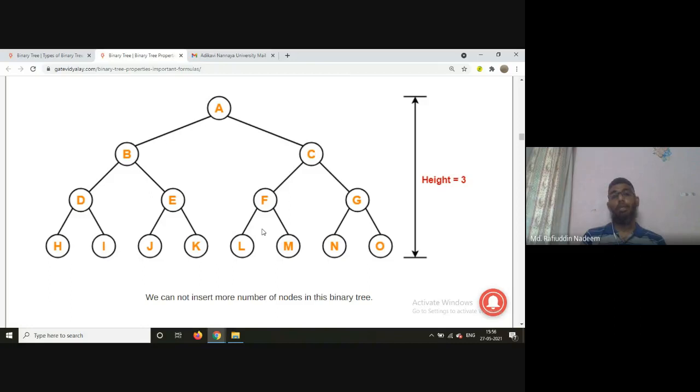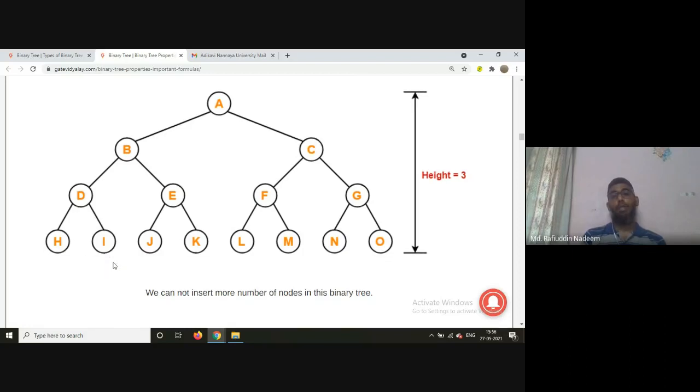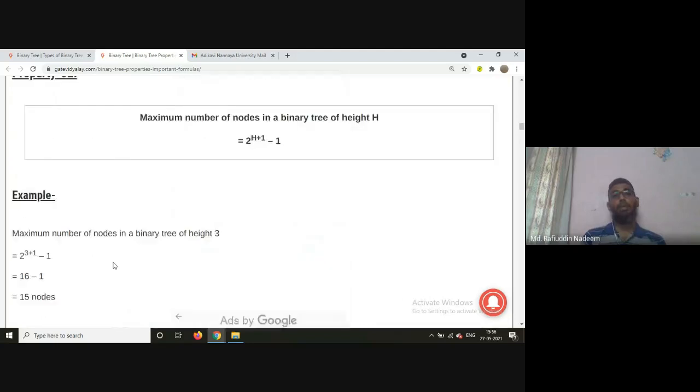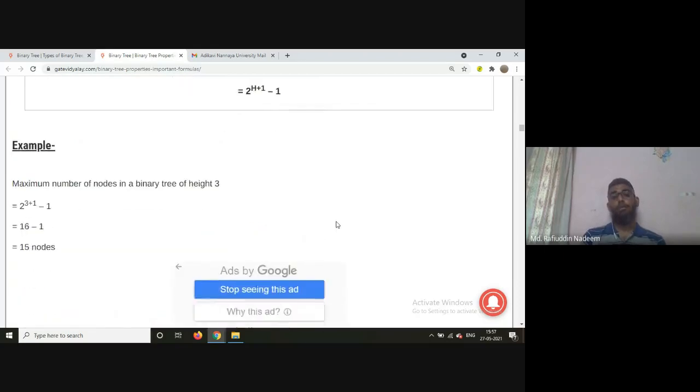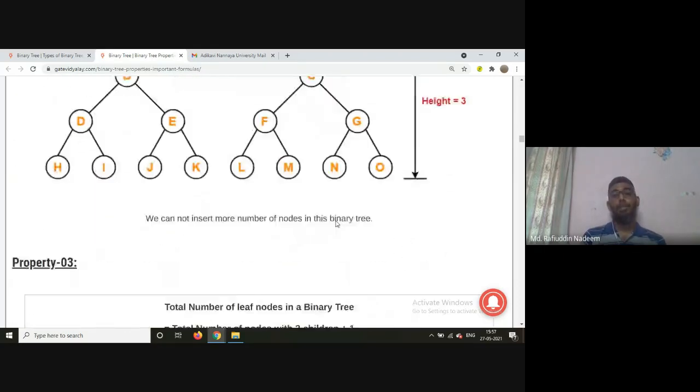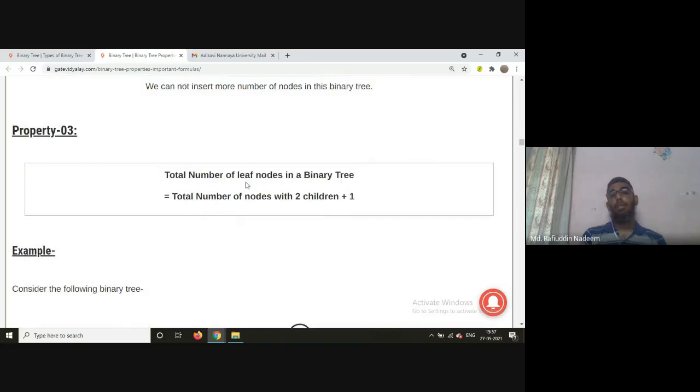If I insert any node, it would be inserted at the leaf nodes, and then the height of the tree will become 4. So that's the formula you need to remember: the maximum number of nodes of a binary tree of height h will be 2 power h plus 1, minus 1.